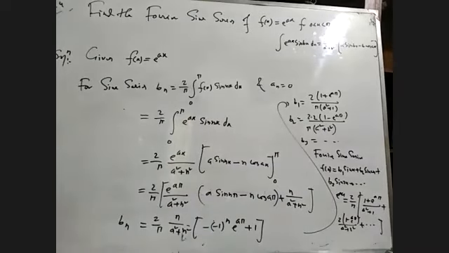In this way, this is the Fourier sine series for the given function, and this is the required result.